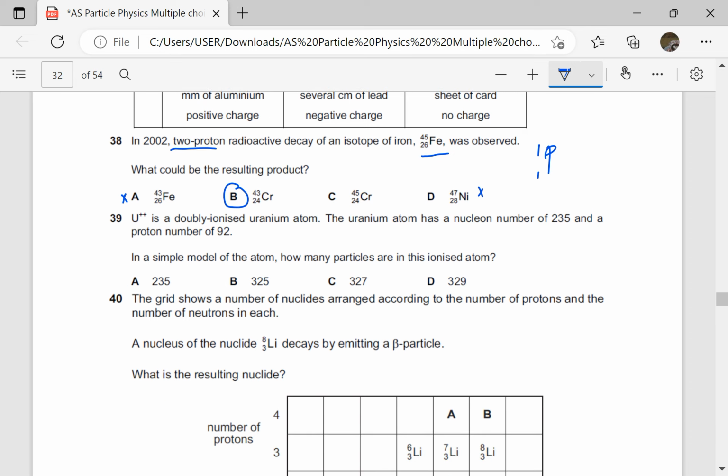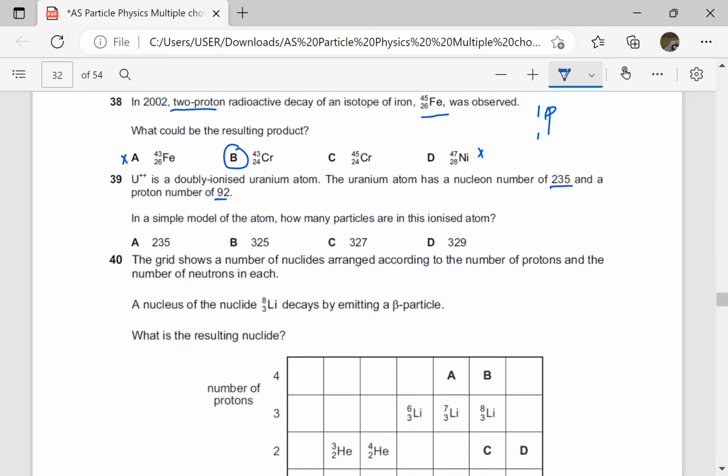U++ is a doubly ionized uranium atom. The uranium atom has a nucleon number 235 and a proton number 92.